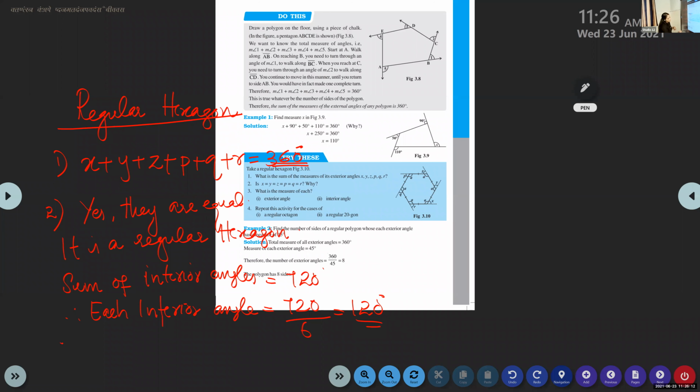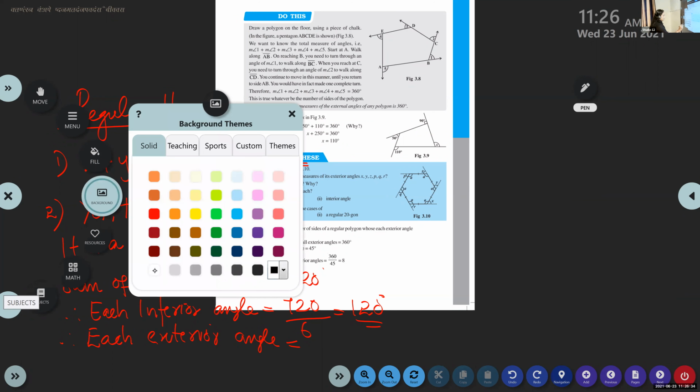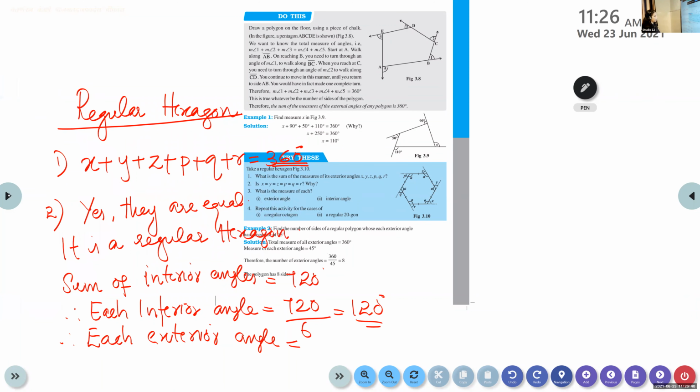Therefore, each exterior angle equal to 180 minus 120 equal to 60 degree since it is a linear pair.